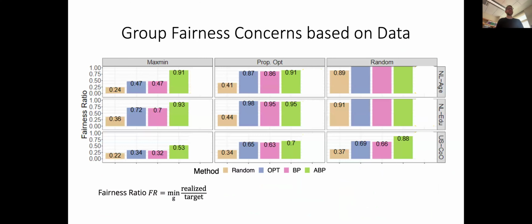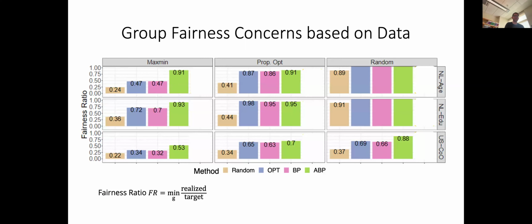And in fact, if we now run this algorithm on data, we find what we would have expected based on this observation. In the Netherlands, where groups are defined by age or education level and are thus quite large, the algorithm does always quite well in terms of fulfilling the group fairness minimum requirements.